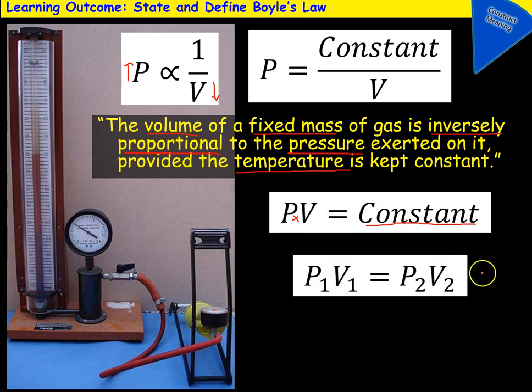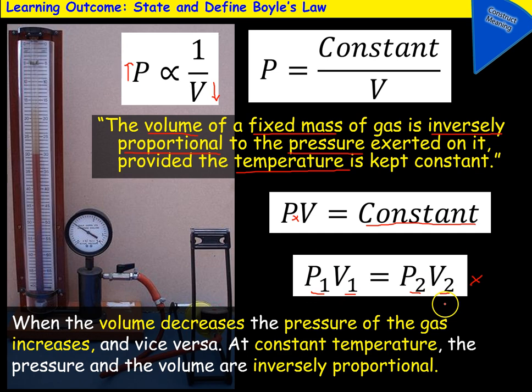But for triple students, you need to be more aware of this equation that shows the pressure times volume at the start will be equal to the pressure at the end times the volume at the end. So you can rearrange this equation to work out a new volume if you've got the initial pressure and volume and the new pressure, for example. So when volume decreases, the pressure increases at constant temperature. They are inversely proportional.